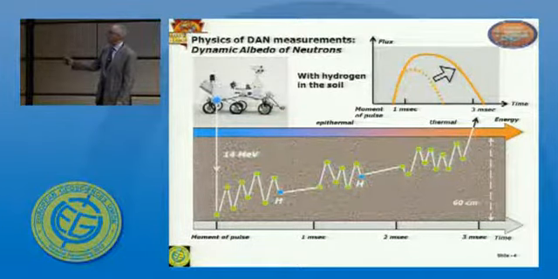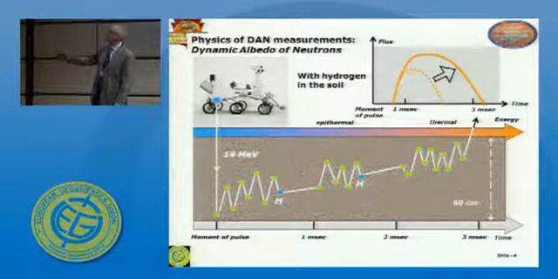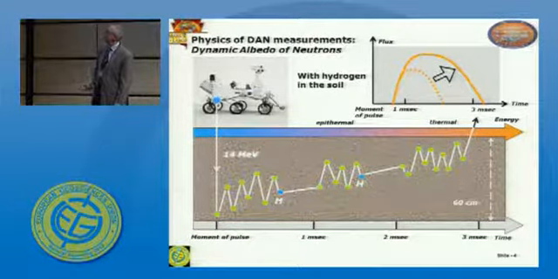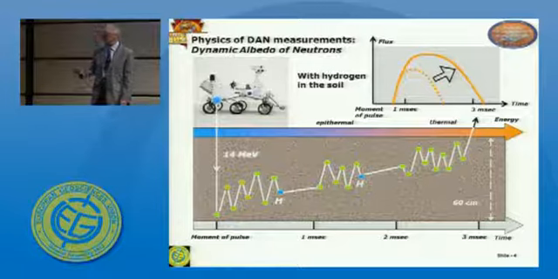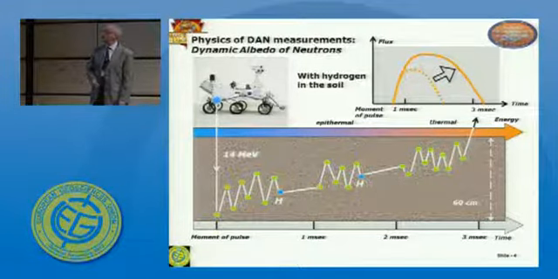So the effect of the presence of hydrogen is both an increase of the flux of this delayed emission of neutrons, and also a longer time of this emission. And this is an important property of this method of active neutron sensing.